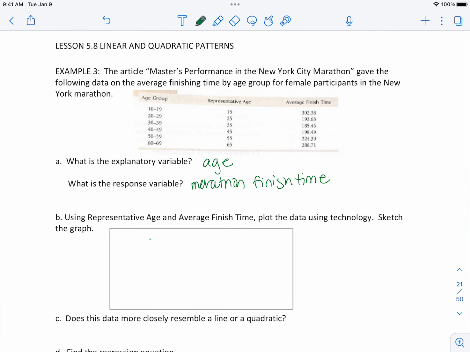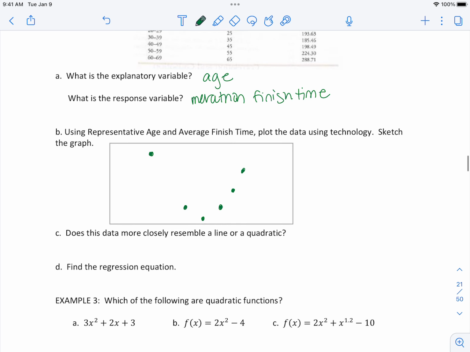So we saw a point up here. It looks kind of like this. And it is quadratic looking. Then we have to find the regression equation.